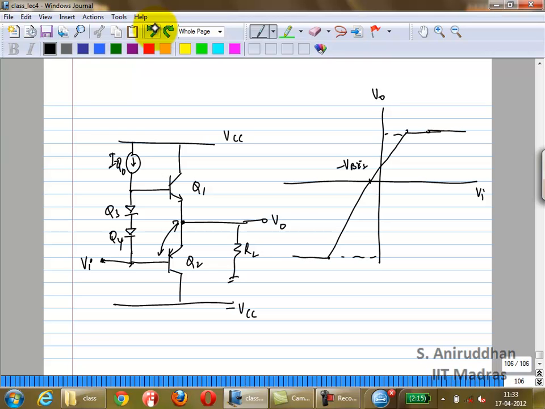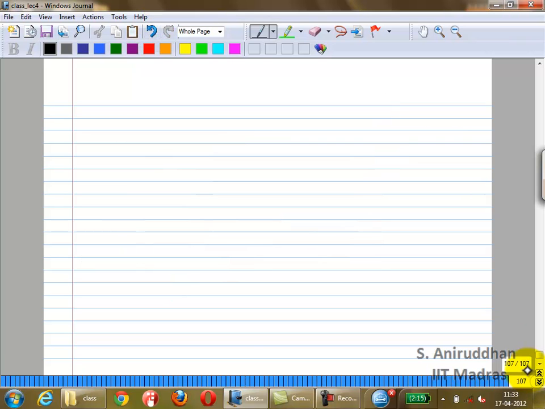Because now that we have looked at this, does this look familiar to any of you? Something we have studied before. This is the output stage of 741. It looked like this. V bias.